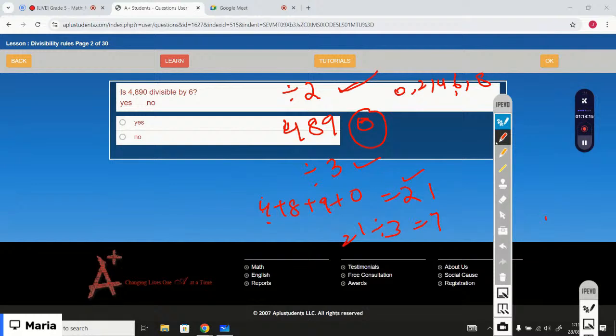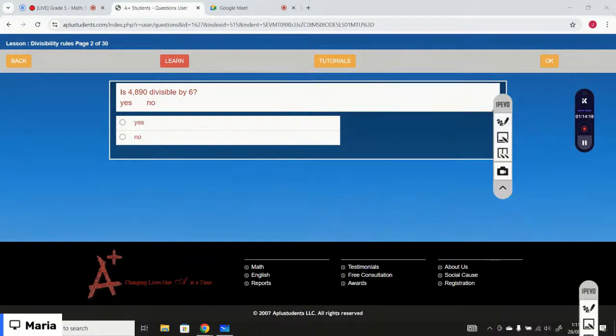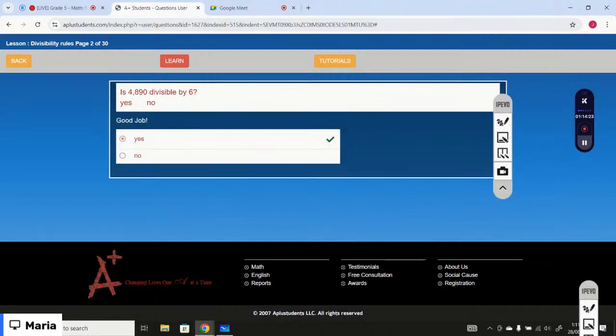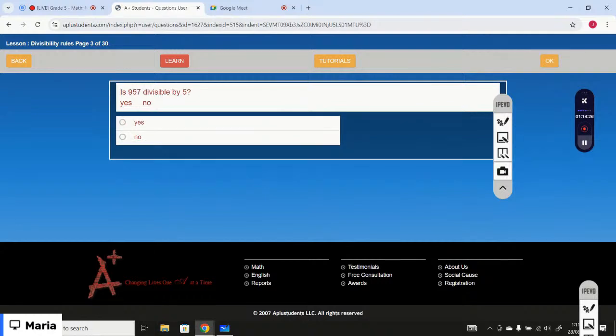So that means yes, the number is divisible by 6. Got it, everyone? If you have any question related to the lesson, you can please ask. That is a very, very important lesson. Got it? The correct option is yes.